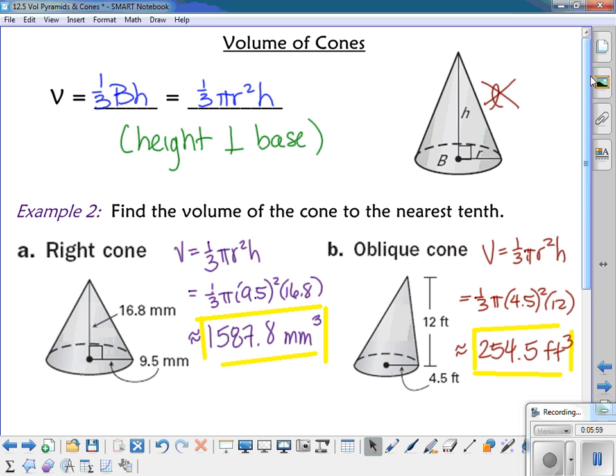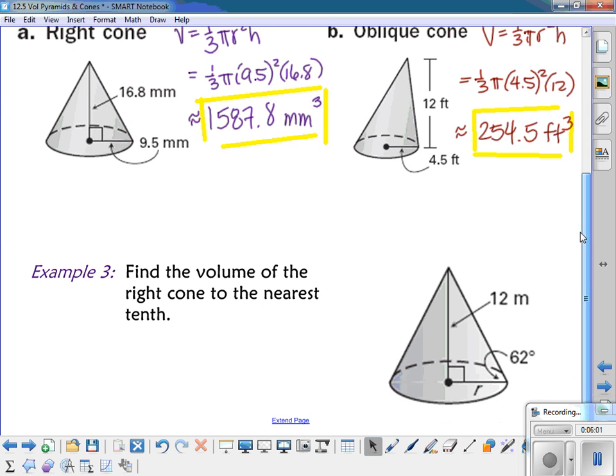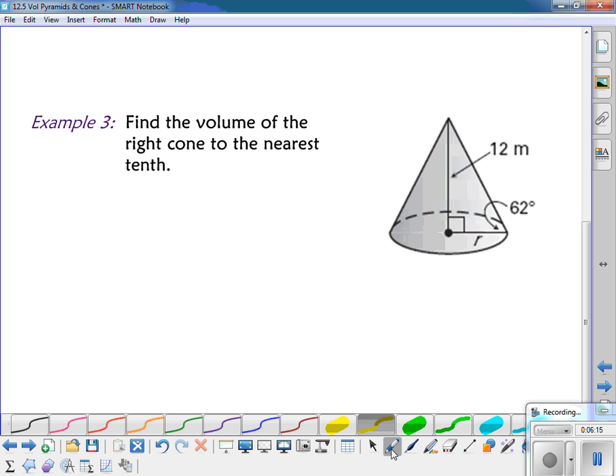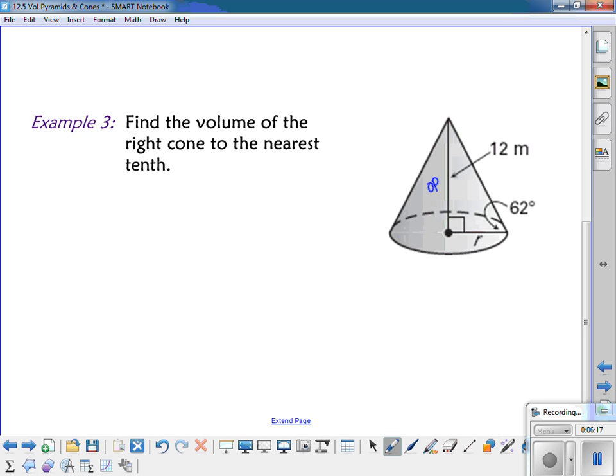Let's take a look at another example. Here, I want to find the volume, but they have not given me the radius. Instead, they have given me an angle. So whenever I have an angle and a side, I can use one of my trig ratios. So I have the opposite here and the adjacent. So I'm going to use tangent.